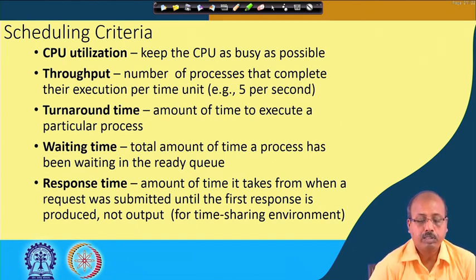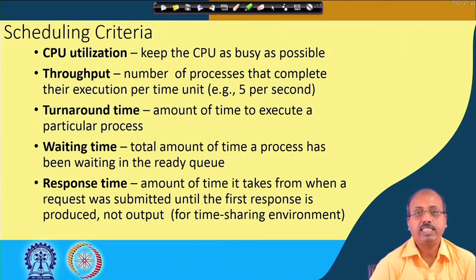So, there are several criteria that we can have for CPU scheduling. First and foremost criterion is known as the CPU utilization. CPU utilization says how much time the CPU has been kept busy.